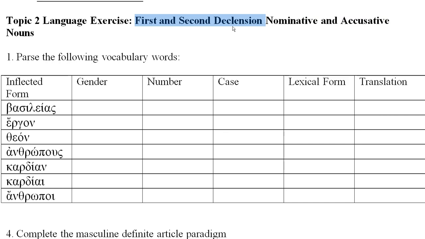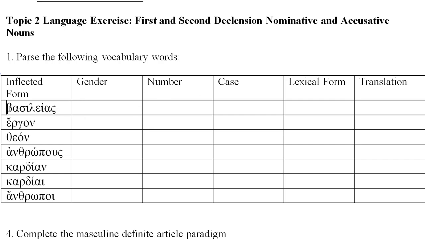But I'm going to go through looking these up so we can determine their declension and then their inflection, meaning the case, number, gender. Even though we already know their first or second declension, even though we already know they're nominative or accusative, just because that's what we're looking at this week, I'm going to go through the process of figuring out the declension and then the gender and then the case and the number.